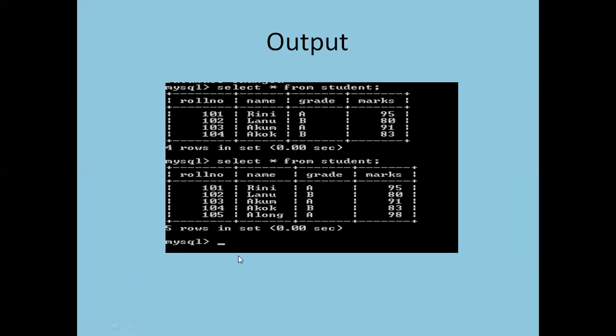Since it's working properly, one way to check is to go back to MySQL and run select star from student. If it was inserted properly, you should see this. Now my data has increased by one row: 105, Along, grade A, and 98 has been inserted into my SQL table.